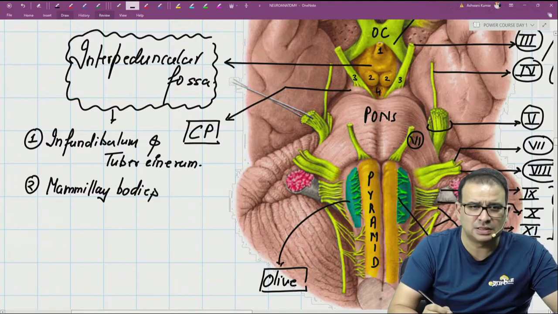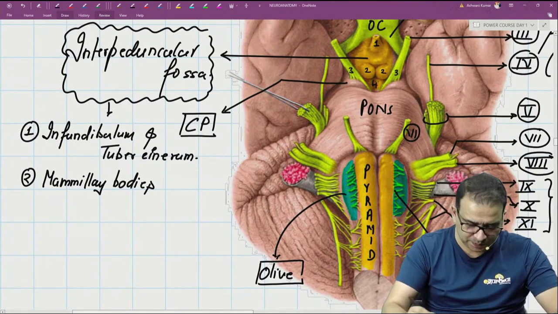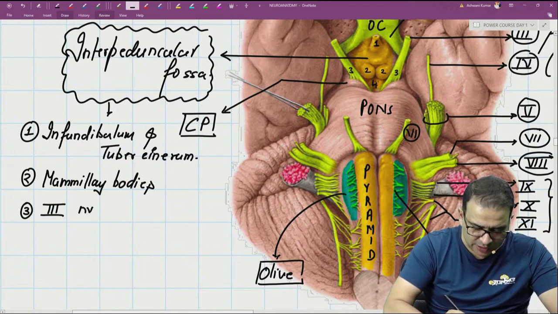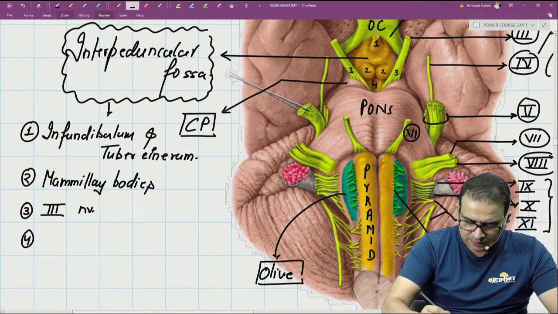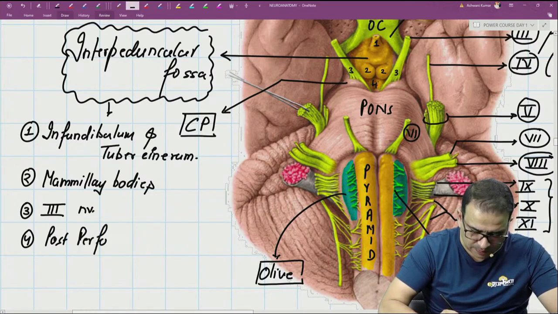It's a component of the limbic system, and it forms a part of the Papez circuit as well. Number 3, guys, third nerve, the oculomotor nerve. Of course, the oculomotor nerve is a content of the interpeduncular fossa, and then there are some perforations to be seen here, and these perforations are called the posterior perforating substance.